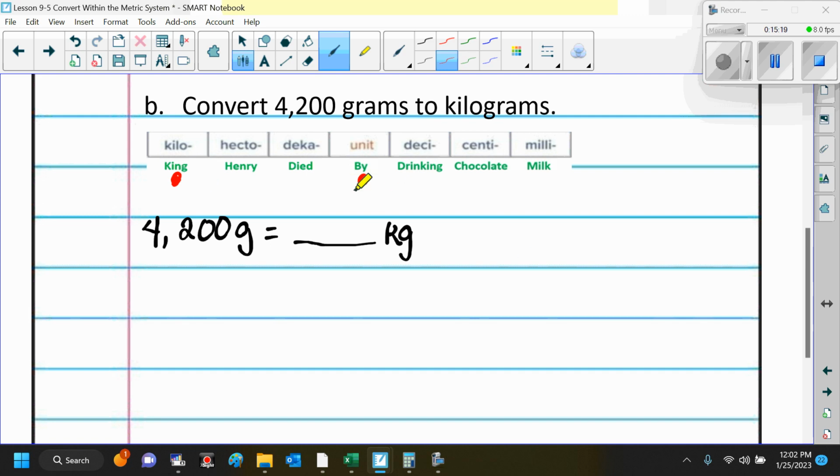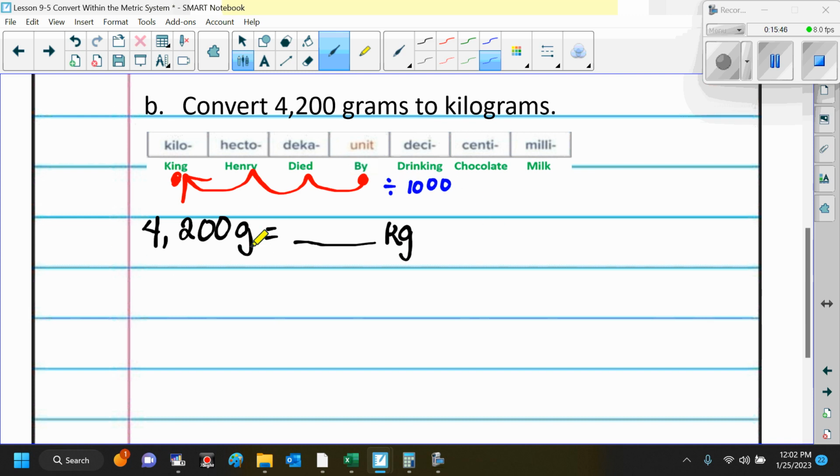How many times do I have to move my decimal? 3. Be careful, we're going from grams in this direction. 1, 2, 3. Oh, and by the way, what does moving the decimal 3 places to the left mean? We're dividing by 1,000. Very good.